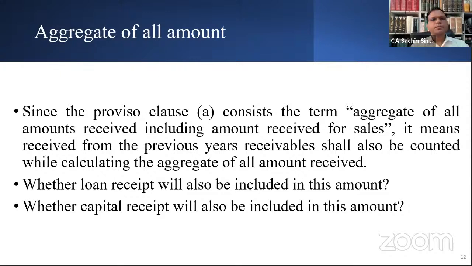Since the proviso clause A consists of aggregate of all amount received, it is important that all amount received means all amounts, whether it is capital nature, whether it is other revenue nature, whether it is repayment of loan, whether it is receiving of loan or receiving of advances from the vendor.